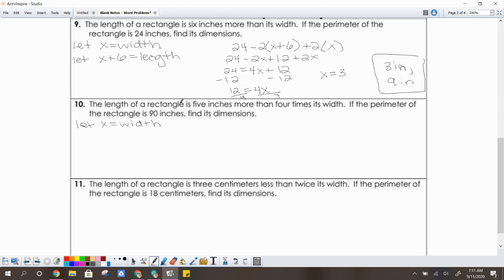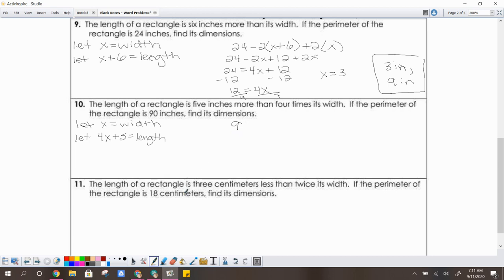And then it says the length is 5 inches more than 4 times the width. So 4 times the width plus 5 equals our length. And it says the perimeter is 90 inches.